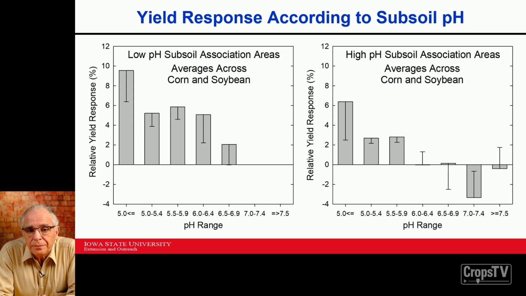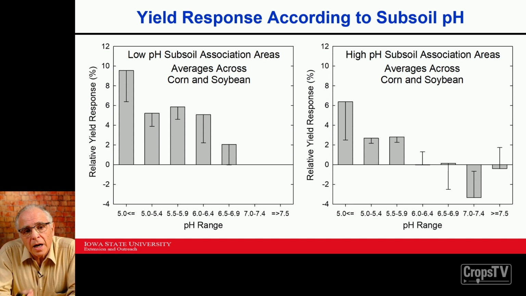And on the right, the data for those sites where the subsoil had high pH down to a depth of about 3 feet. This is what the Iowa State guidelines have been saying since the late 60s. And what we proved, of course, this is just averages, is that they were right.